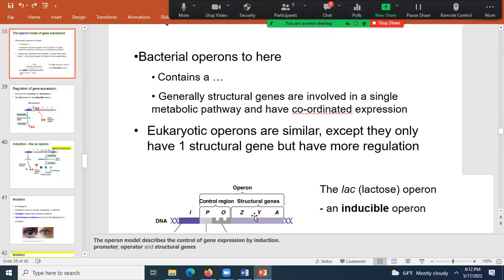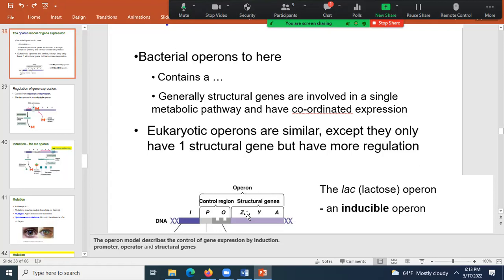And as far as I know, all of the structural genes in all of the operons are related, meaning you have related genes in the operon. And this is only seen in bacteria where they have more than one structural gene in the operon. Now in eukaryotes, for each operon, there's only one structural gene.